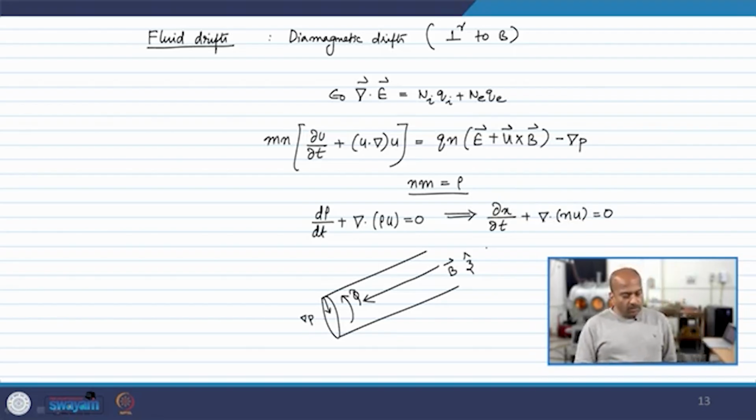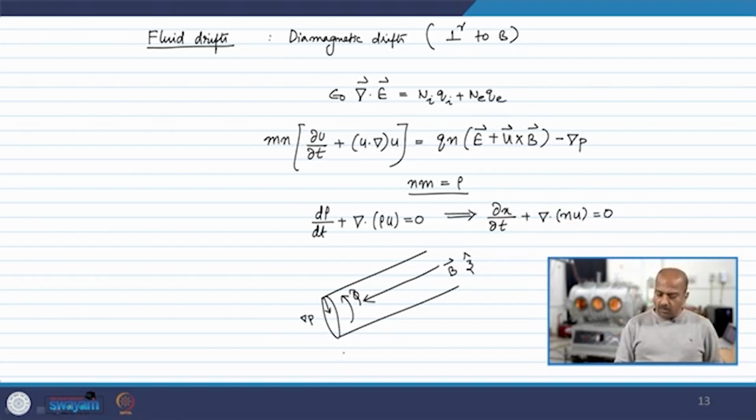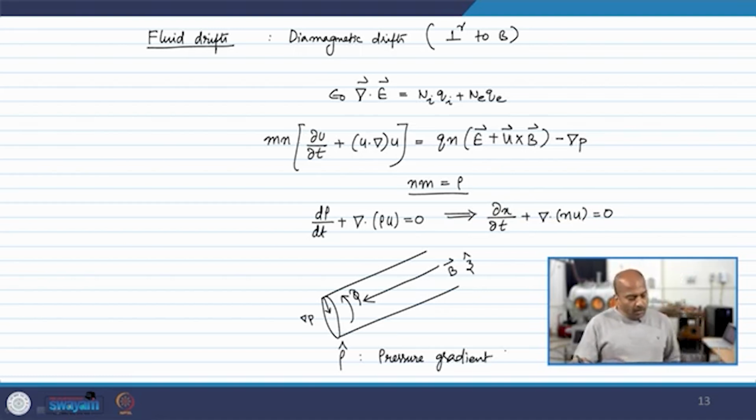Okay. So, the pressure gradient is towards the center of this cylinder pipe, and the direction, rho cap, is inwards. Rho cap is the direction of the pressure gradient. Now, let us try to calculate the fluid drifts which will arise perpendicular to the magnetic field.